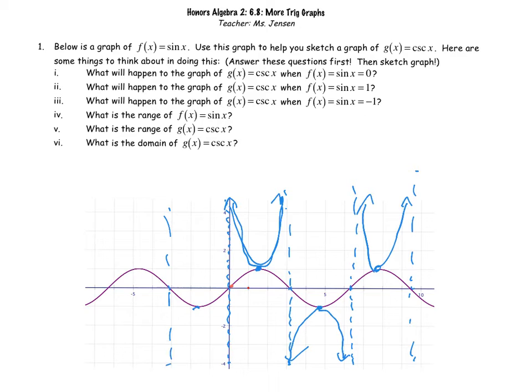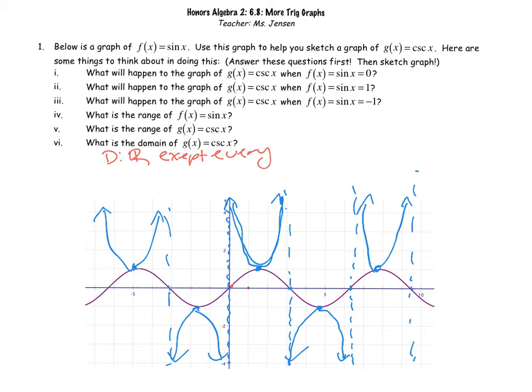So let's talk about what then we can say about the domain and range here. So we've got the domain. Well, it's all reals except these places where it's undefined, where the asymptotes are. So all reals except, how often was sine 0?